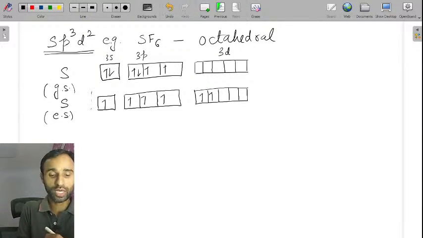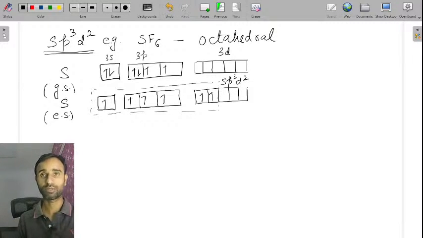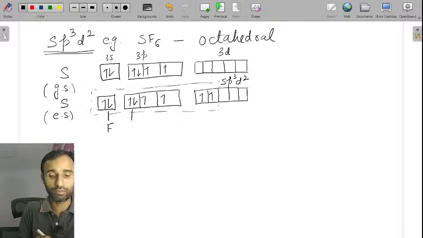So all the 6 unpaired electrons undergo hybridization. sp3d2 hybridization takes place. Okay, so by this sp3d2 hybridization, each orbital overlaps with a 2p orbital of fluorine.